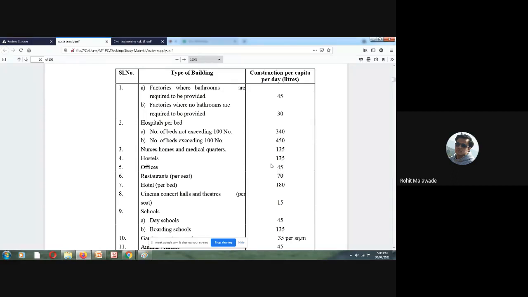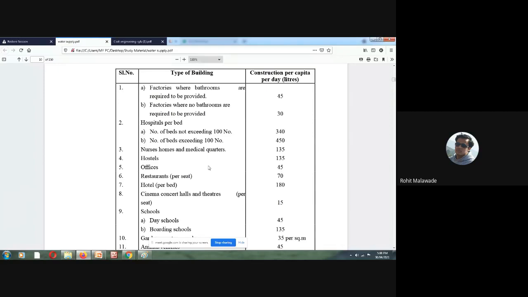Why is it less? Because here you only drink water or go to the urinals, but you do not do washing, cooking, or washing of utensils. You do not perform these activities here, so that is the reason why some of the figures are less.